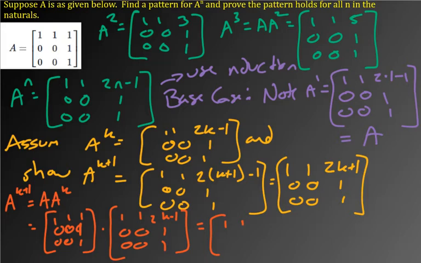But now in this last one, you have 1 times 2 to the k minus 1, and then plus 1, right? And likewise, the other stuff is just going to work out to 0, 0, 1, 0, 0, 1. And that thing in there is truly 2 to the k, because you can cancel that negative 1 and plus 1. And you would get A to the k plus 1.